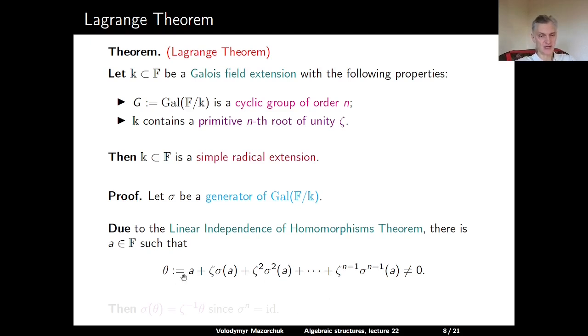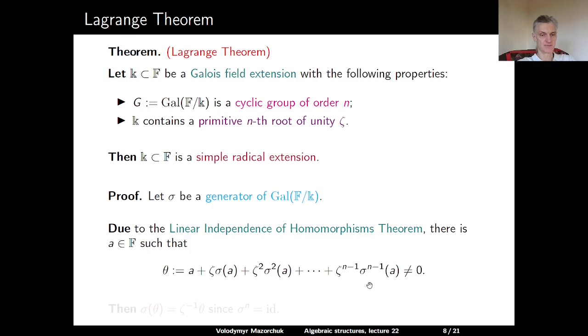So if I prescribe these scalars 1, zeta, zeta squared, and so on, this linear combination is non-zero, which means that there is an element A such that applying this linear combination to A, we get a non-zero element.